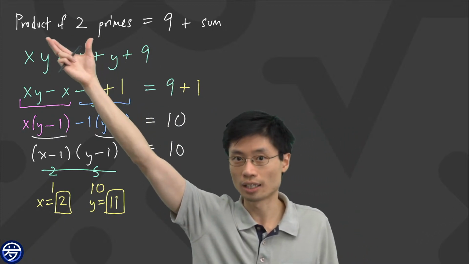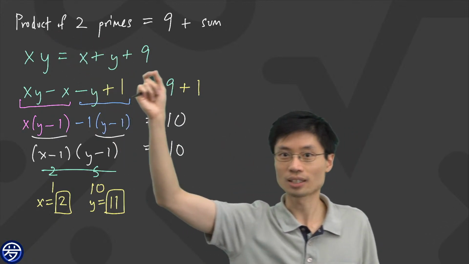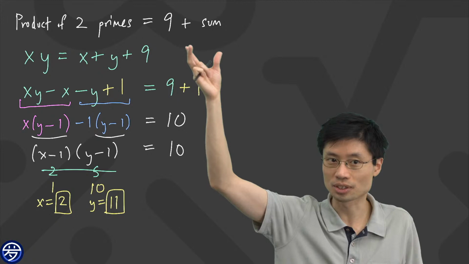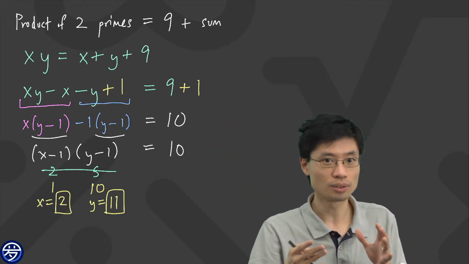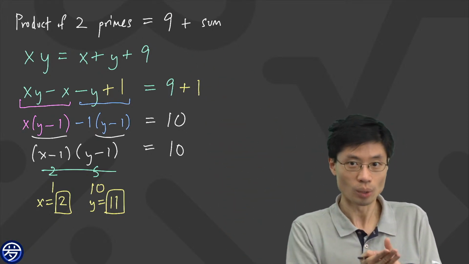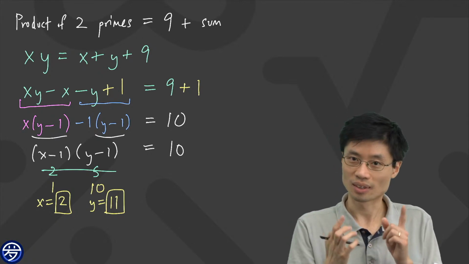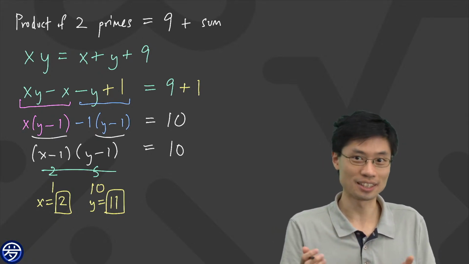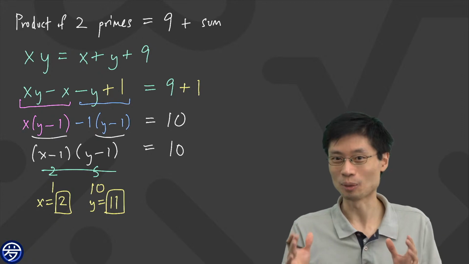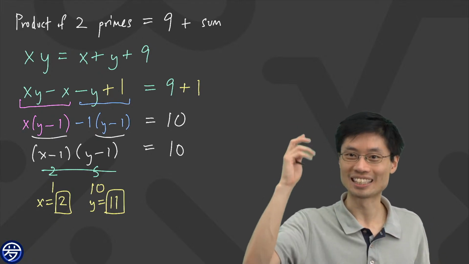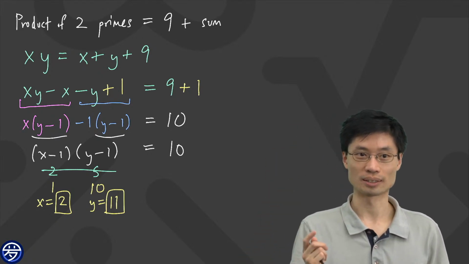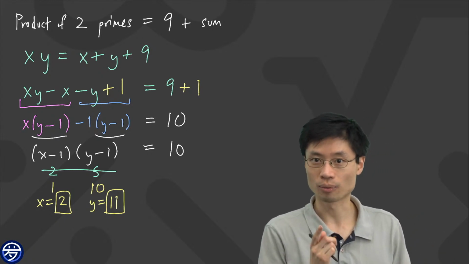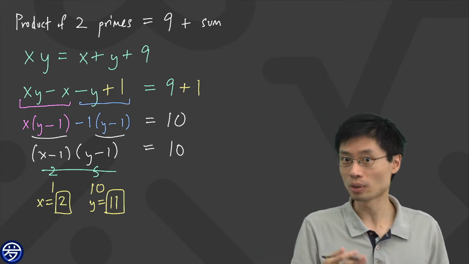So I don't see how I have a contradiction. If I had odd and odd, the left side would be odd, and the right side would be 9 plus even, which is also odd. So I actually don't know how to right away say one of the numbers has to be 2. That's not clear to me. Nevertheless, that was what I was hoping. I was hoping from the beginning I could just use that and finish it, but it didn't work. Maybe you have another way of seeing it.